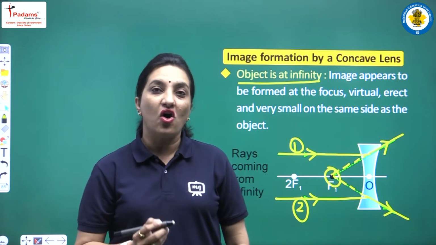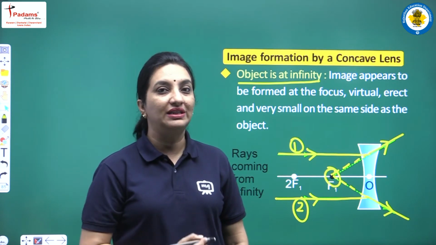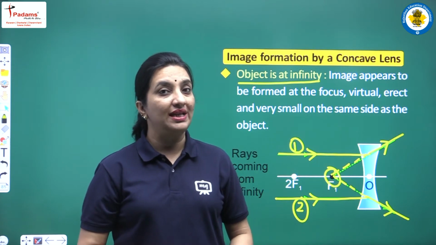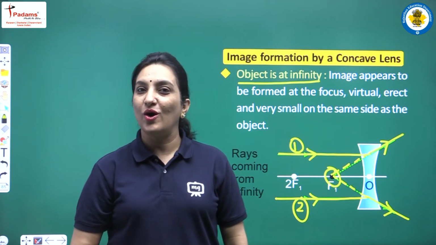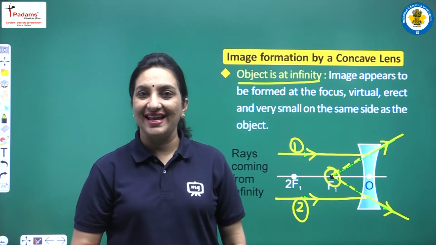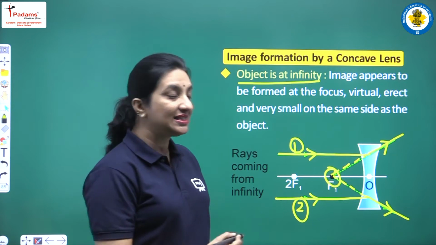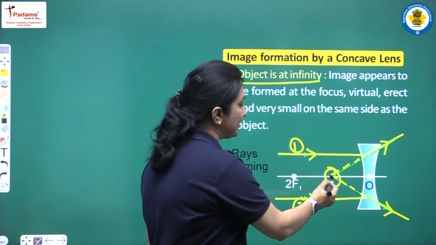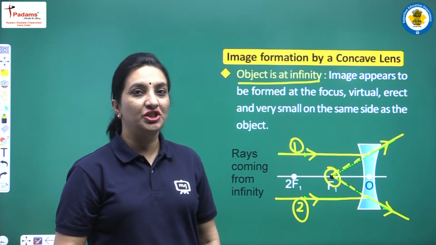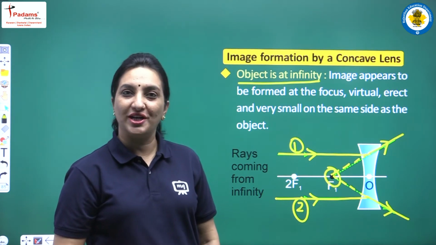They are meeting on extending in front of the lens. So what we see here is that the image formed is virtual, and all images which are formed virtual are always erect. And since the size is diminished, or we can say that the size is point sized, so here the image will be virtual, erect and point sized.